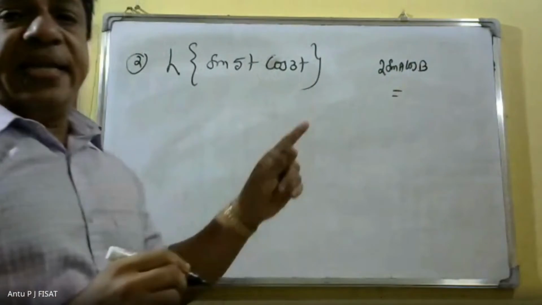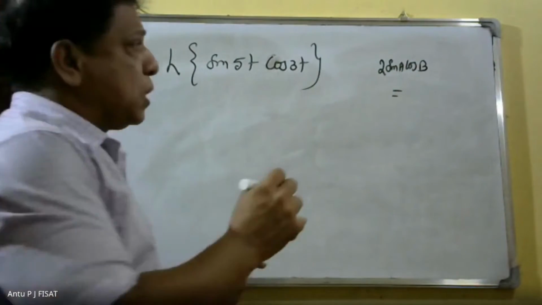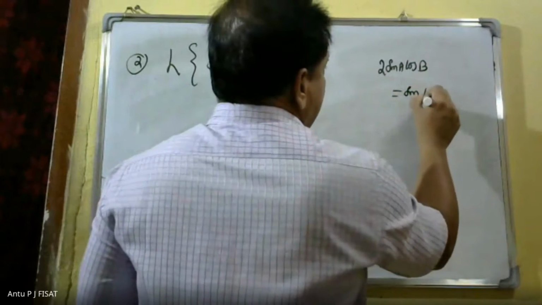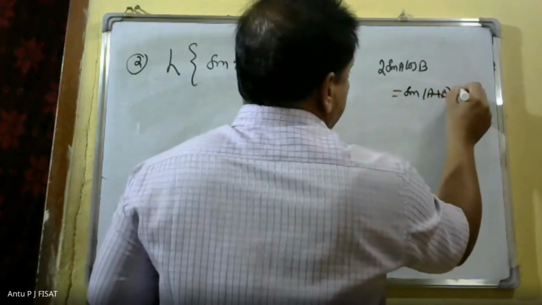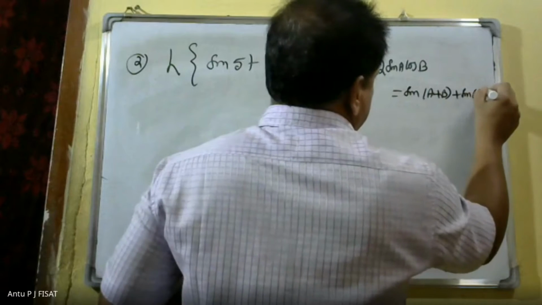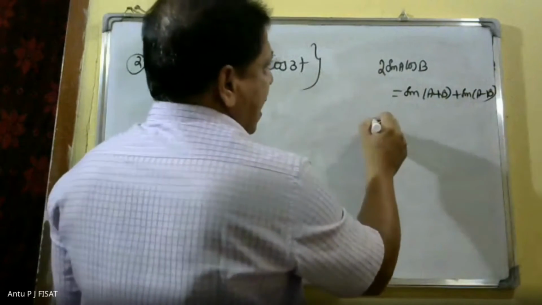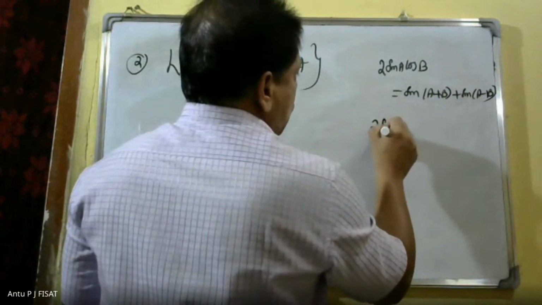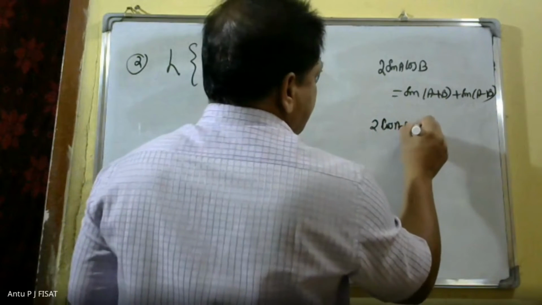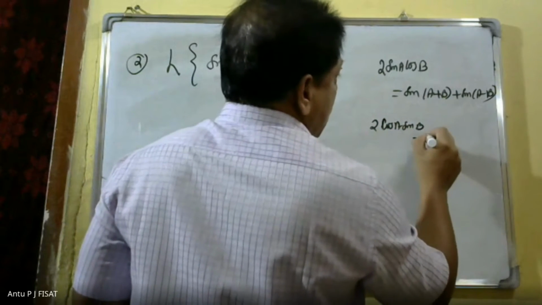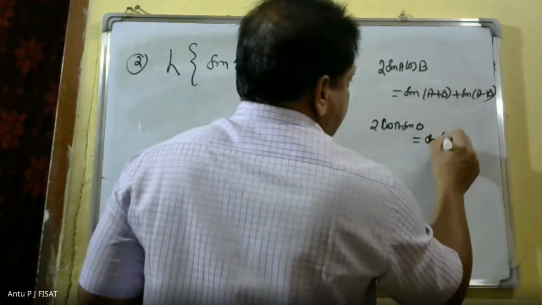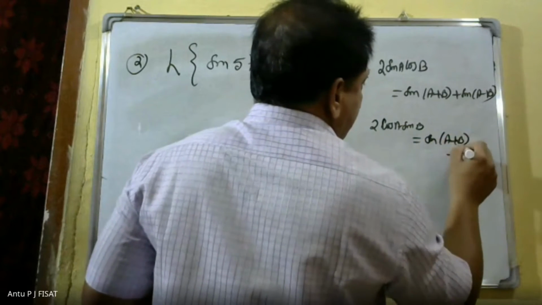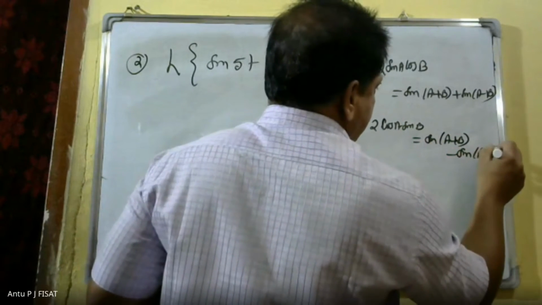We know one identity in trigonometry, 2 sin a cos b is equal to sin (a plus b) plus sin (a minus b). Then another identity, 2 cos a sin b is equal to sin (a plus b) minus sin (a minus b).